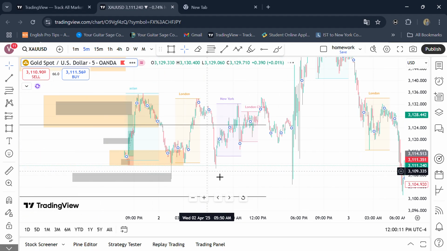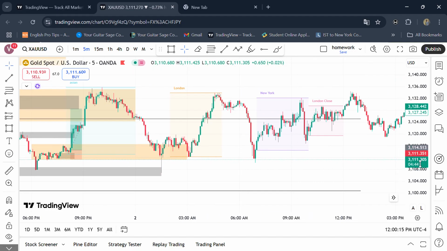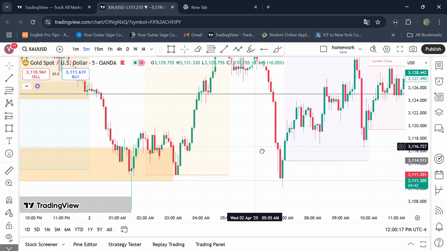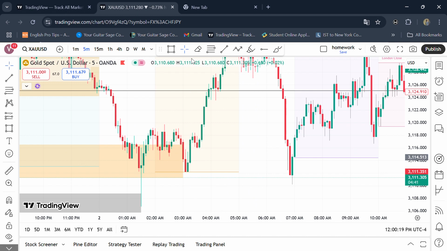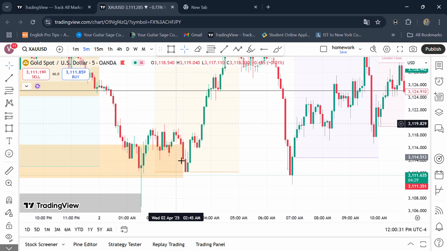Then we'll go to 5 minute to find more clarity. And you will see, if you would have waited for 5 minutes and 1 minute confirmation, then you would have got a perfect entry without a lot of stress.